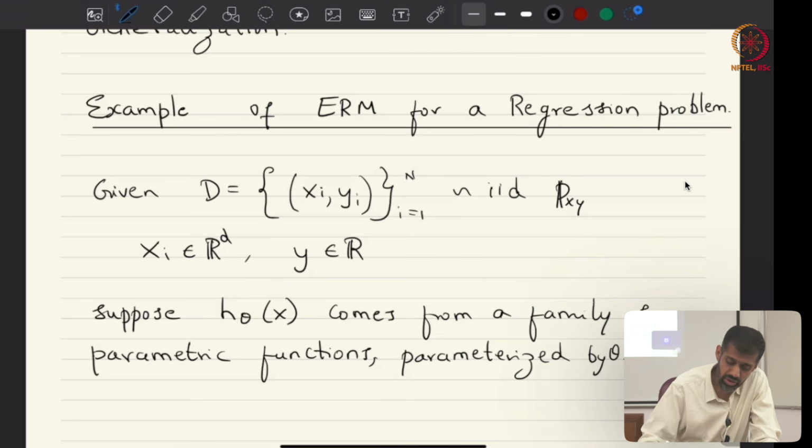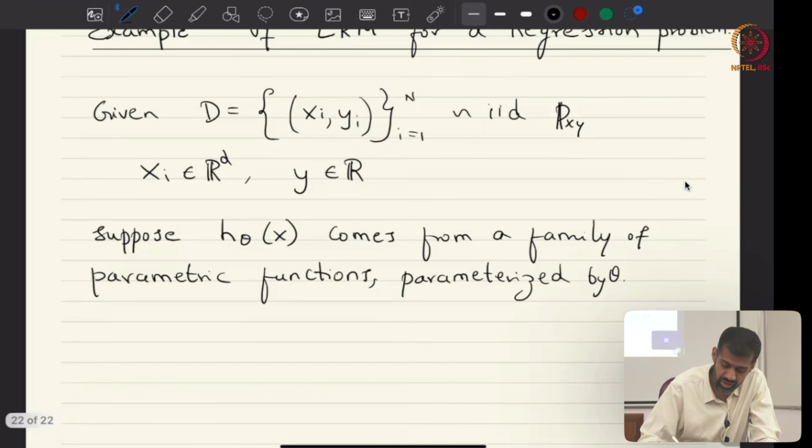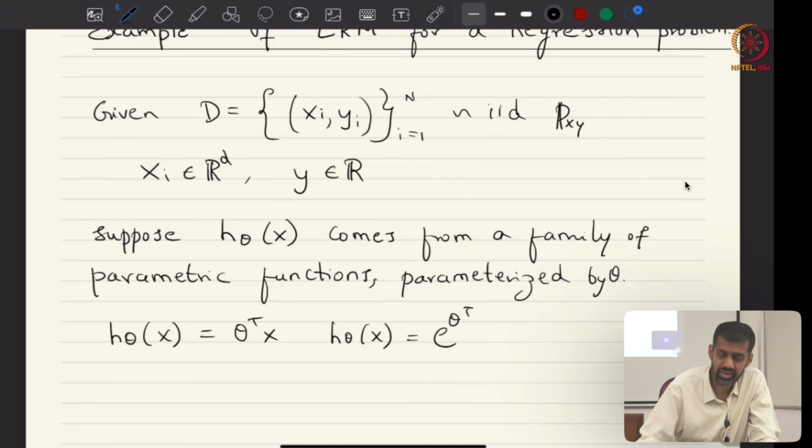Examples can be that your h theta of x can be, let's say, theta transpose x, or it can be e power theta transpose x, and so on. I mean, you choose a function. What sort of function we choose is a design choice. This is actually called a model. We will see that in a while.